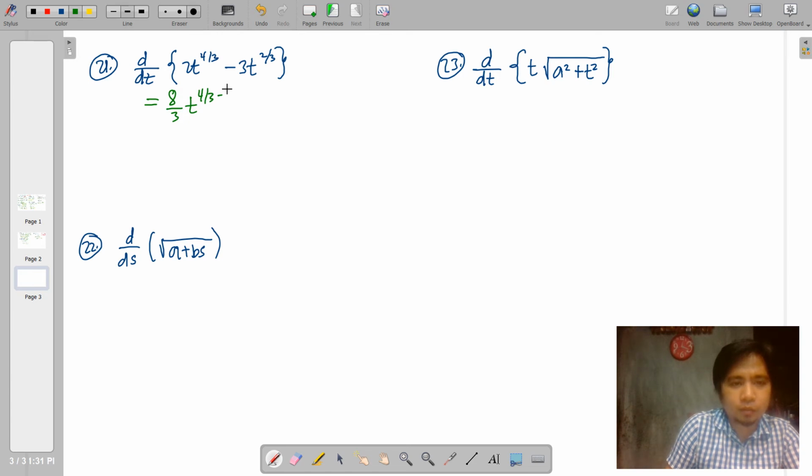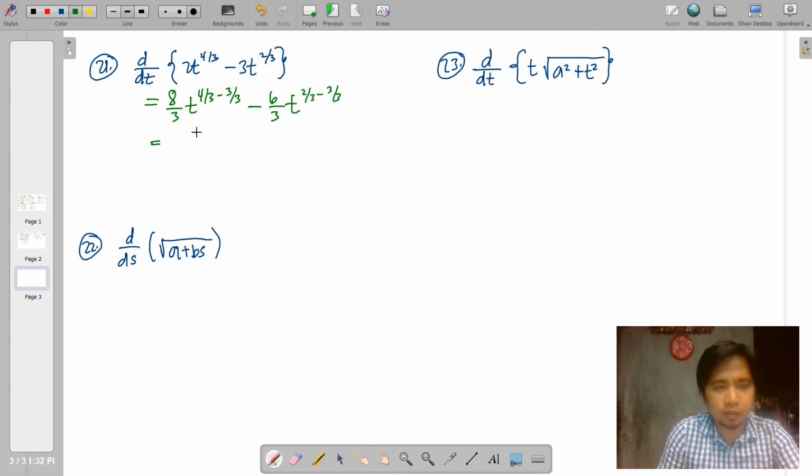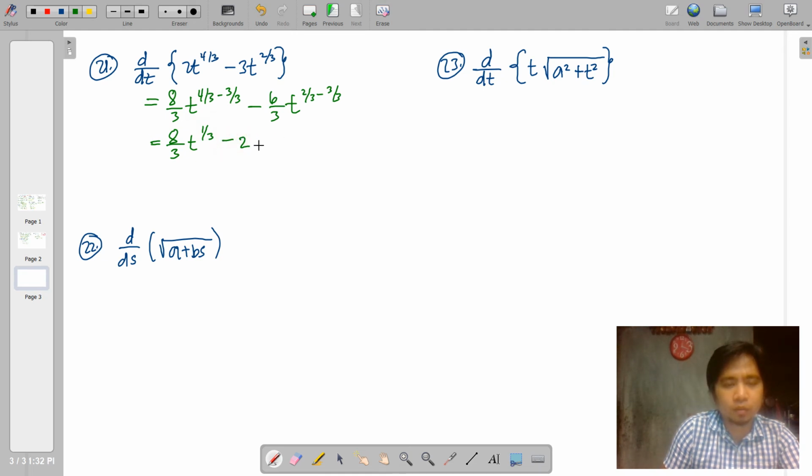4/3, we're going to subtract a unit, and then minus. There was already a 3 there, times 2/3. So that will be 6/3, 6 all over 3, t to the 2/3 minus 3 all over 3. So all we need is to simplify those terms. We have 8/3 t raised to positive 1/3. Obviously, this is 2 t to the negative 1/3.